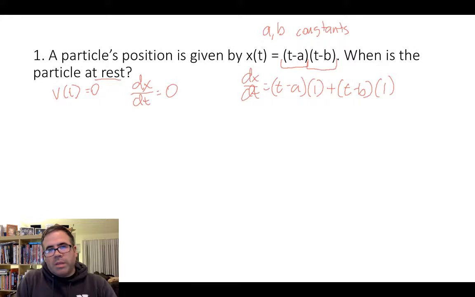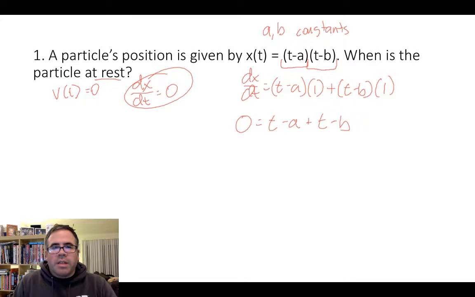So, with this added information, that this derivative is equal to 0, we have that 0 equals t minus a plus t minus b. With a little bit of arithmetic, you will find that a plus b equals 2t, and so t, or when, is equal to (a plus b)/2.